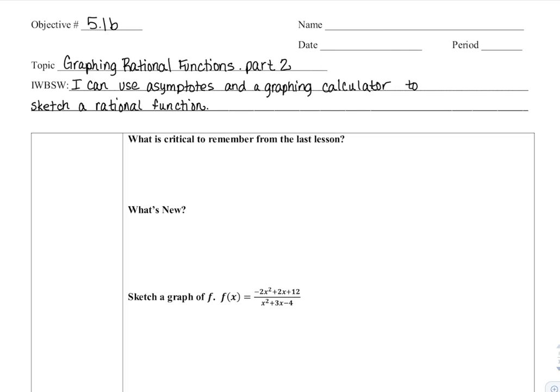Okay, so let's talk about what's critical to remember from the last lesson. We look at the degree of the numerator and the degree of the denominator to identify the horizontal asymptote.